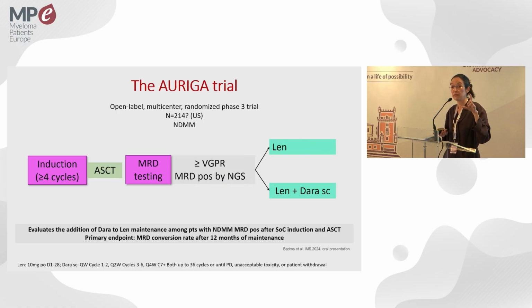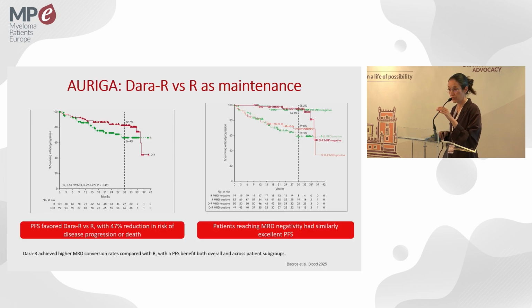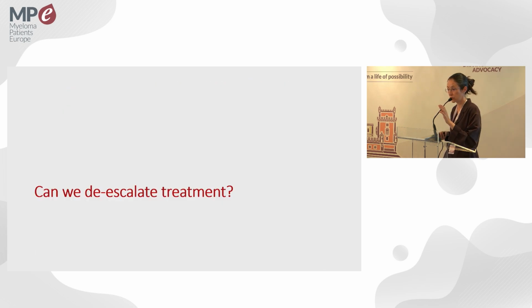Those that received Dara and Len reached a higher percentage of MRD negativity, intensifying the treatment, and this group of patients did better. So MRD was used as a marker to treat the patient post-transplant, and those that reached MRD negativity did have a better outcome in terms of progression-free survival. Here, the results of the Auriga trial.